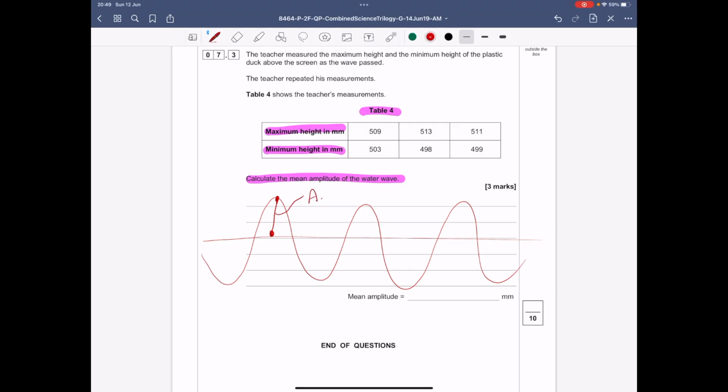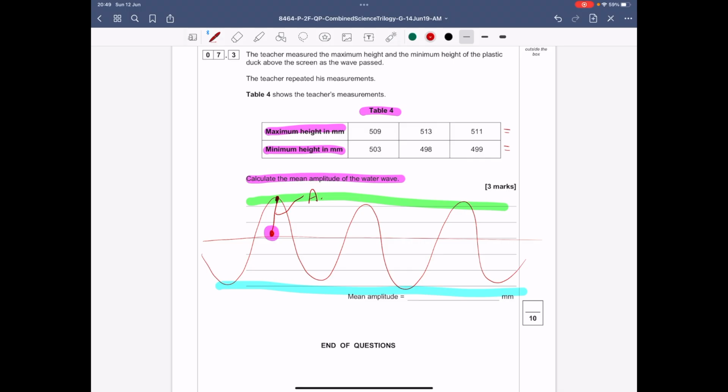We've been given the maximum height average, and we've been given the minimum height average, and we want to find this midpoint here. The way of doing it, you've been given 3 values for each, so if you ever get 3 values, calculate the mean.